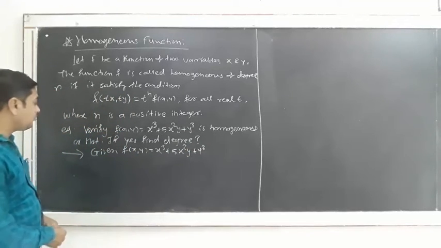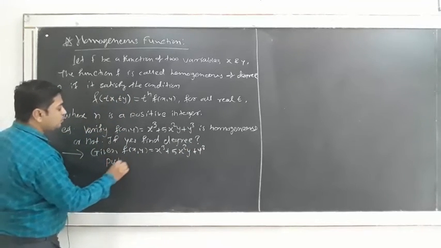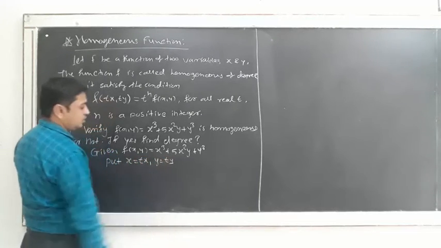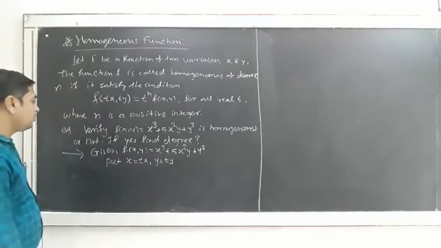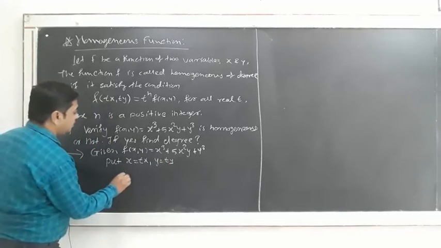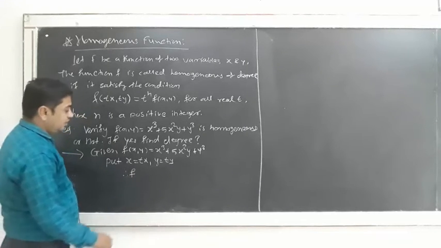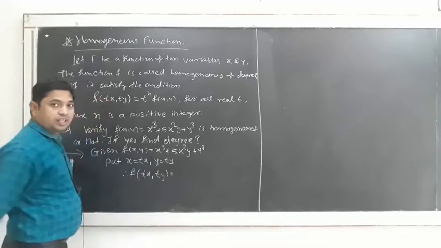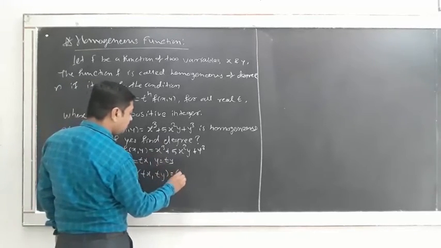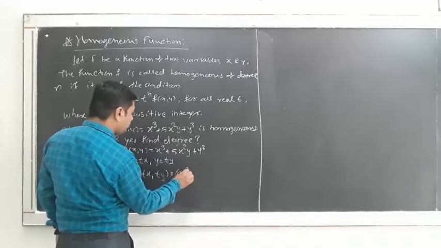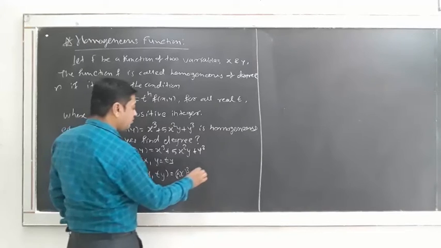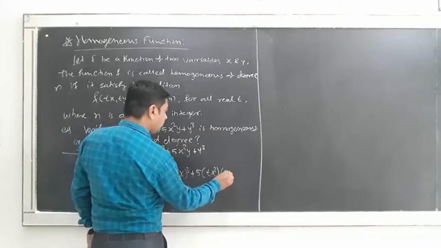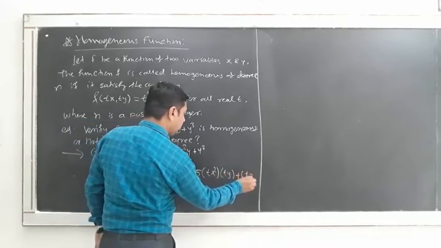Now what can we do here? We have to put x equal to tx and y equal to ty. Then what are we getting? f of tx, ty is equal to tx cube plus 5 times tx square times ty plus ty cube.